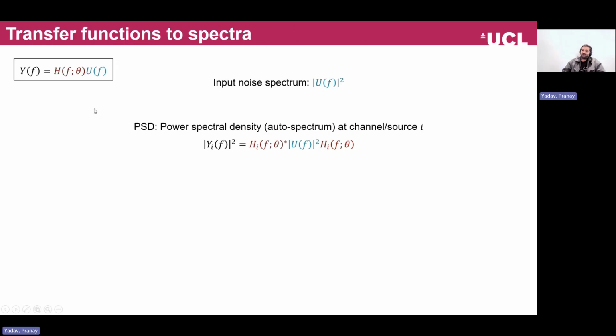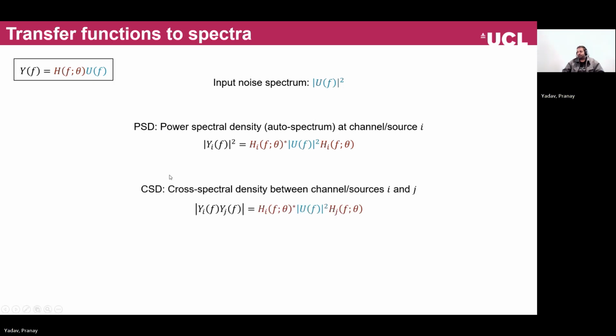Right. So now once we have this compact form where the output spectra is described entirely by the transfer function and the input noise spectrum, we can go ahead and compute the power spectra as well as the cross spectra between two channels or two sources.